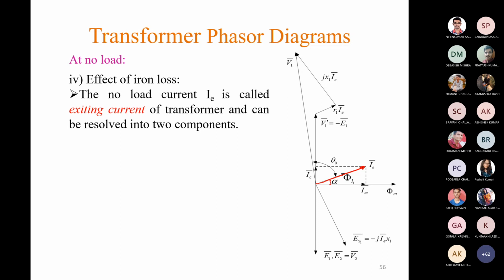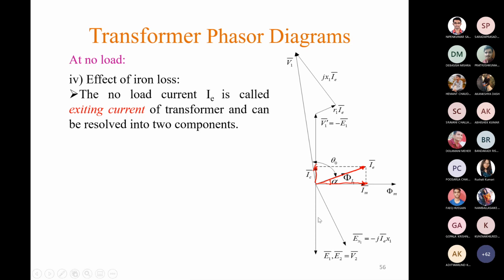Since it leads the flux phasor by an angle alpha, with respect to this reference phasor we can resolve this exciting current into two components, one along the flux phasor, another along the line which is in quadrature with the flux phasor. This is one component Im, and this is another component IC.